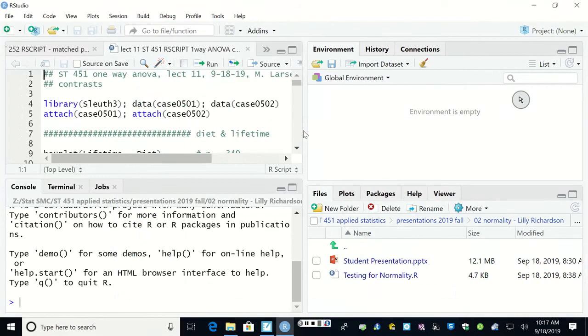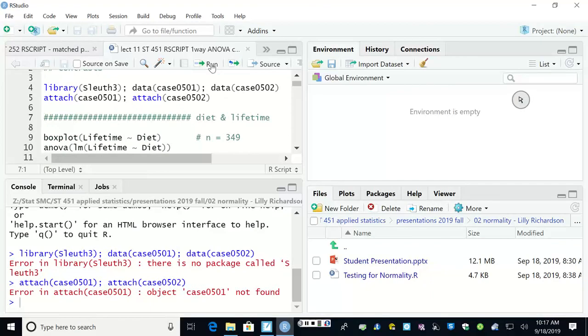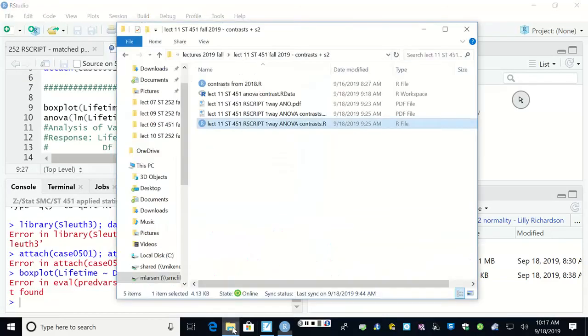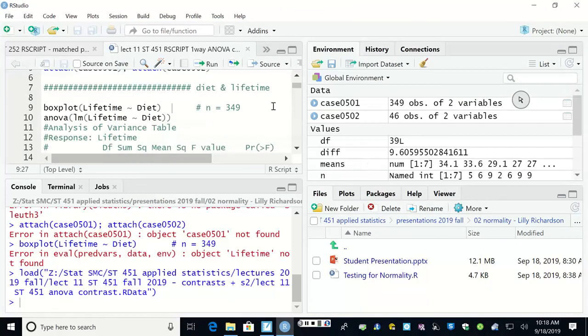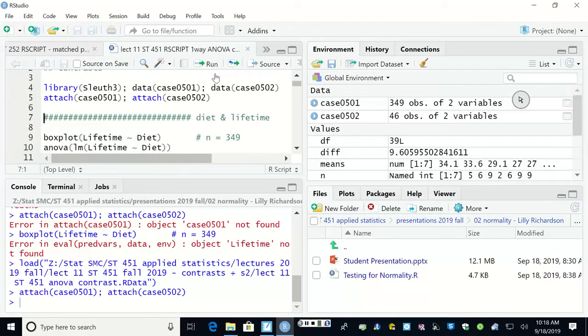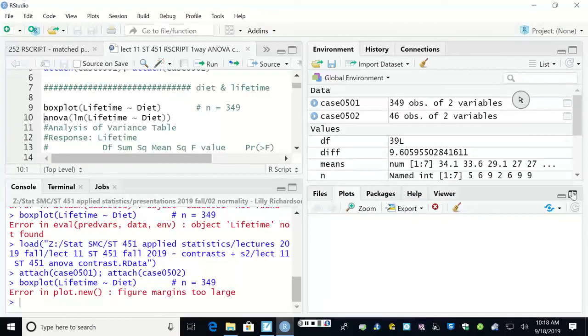We're using the old data sets from before, the diet and environment. Let me just open it. I loaded it on my computer downstairs, so it's ready. All right, so now I can attach those things. This is what the data looked like.